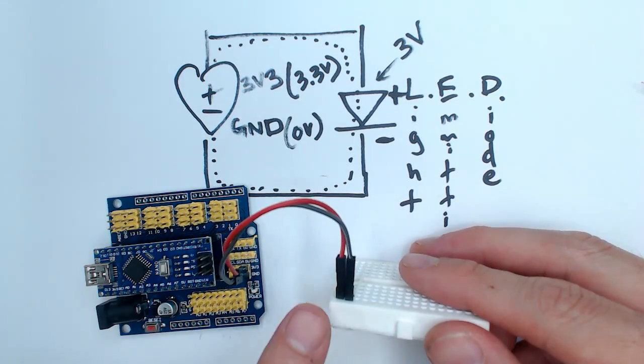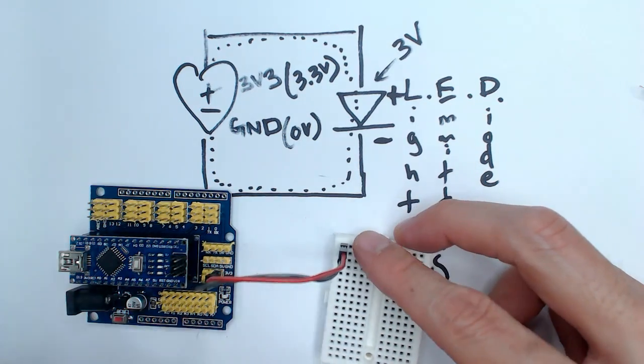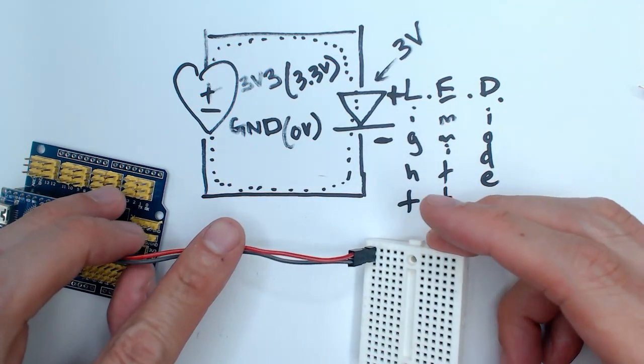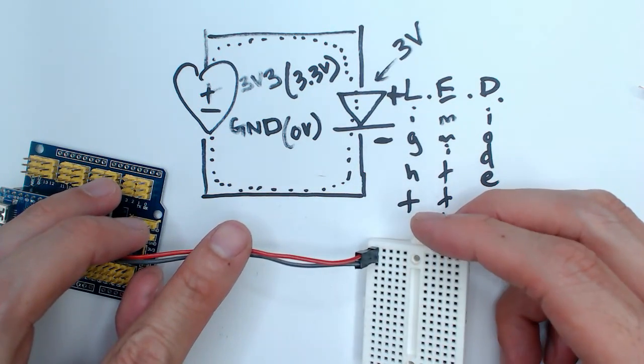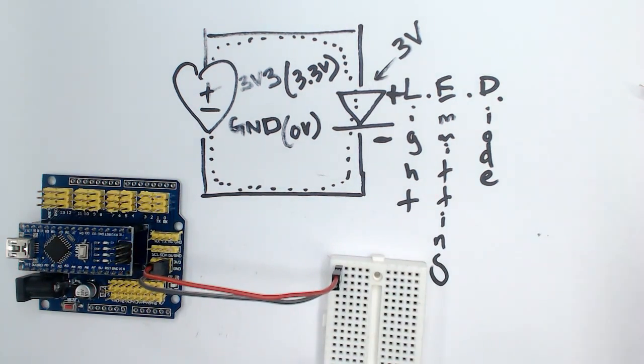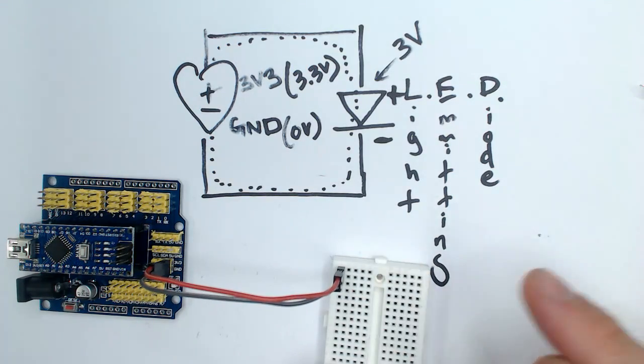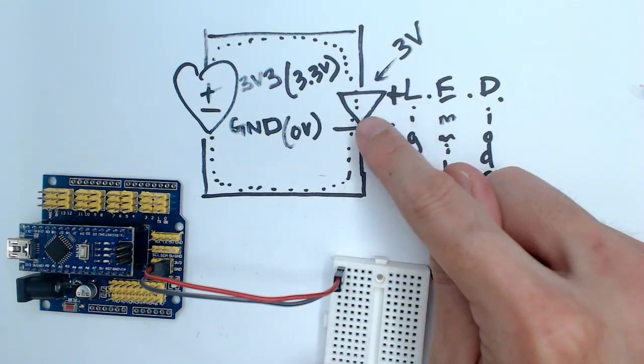Now it's very important that these two, you see the red and the gray, are not on the same row. They're on different rows, okay? Because something else is supposed to make the connection between the gray and the red, which is this LED.